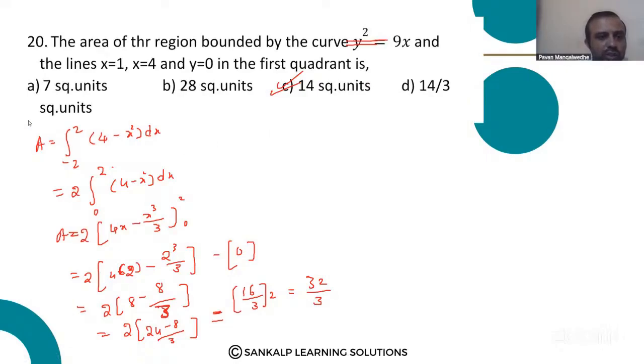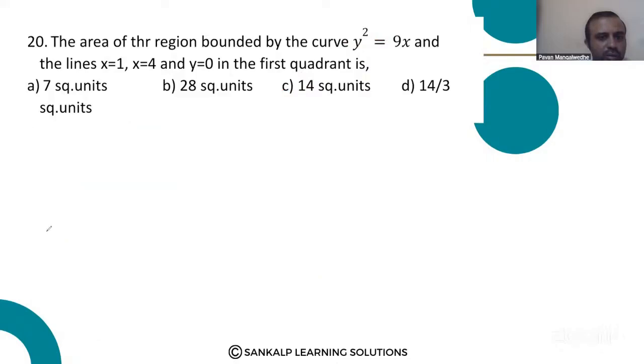Next question is the 20th. The area of the region bounded by the curve y square is equal to 9x and the lines x is equal to 1, x is equal to 4 and y is equal to 0, in the first quadrant, is what?